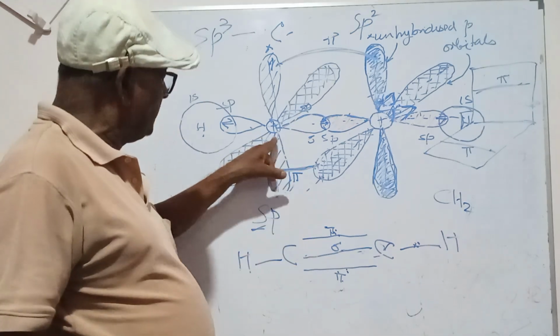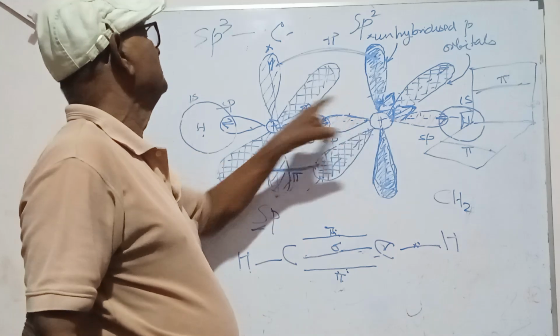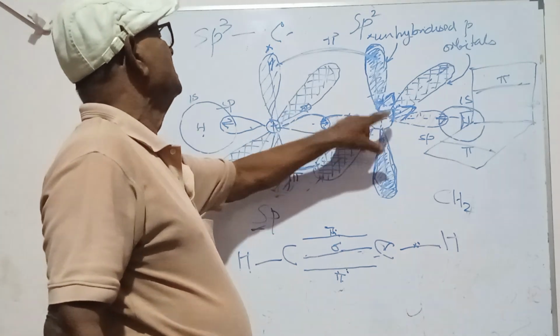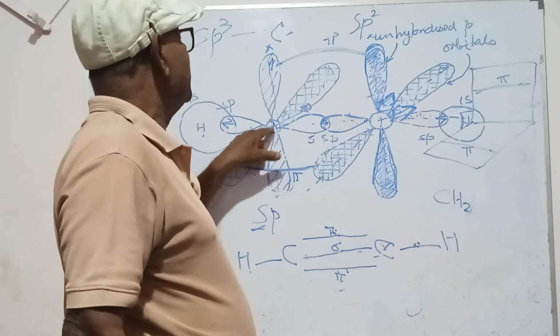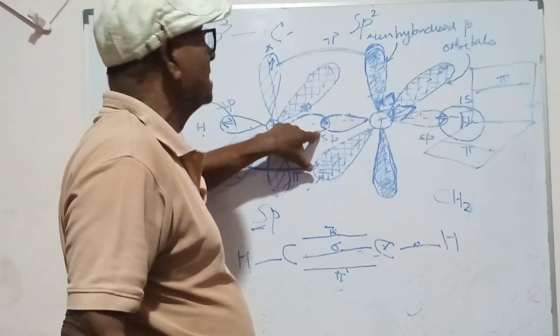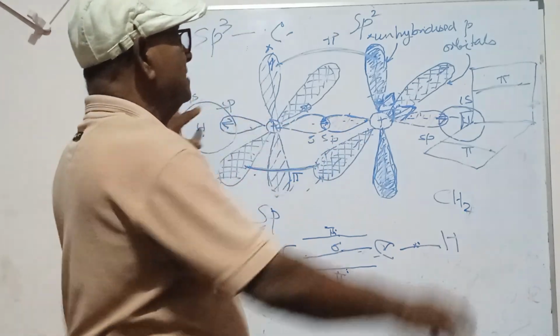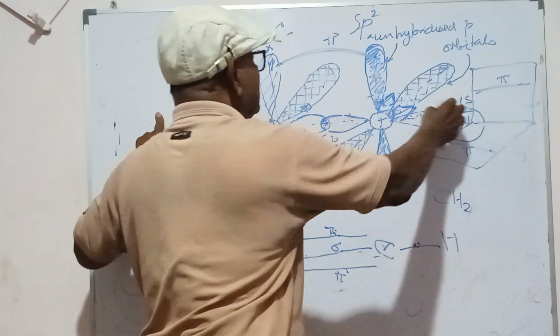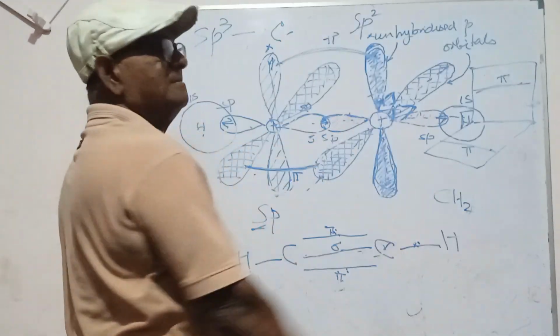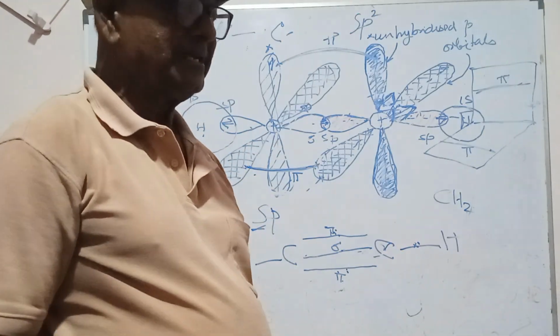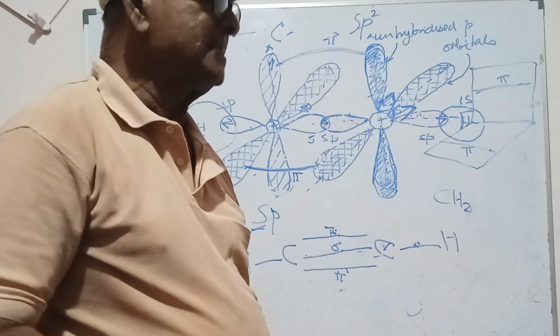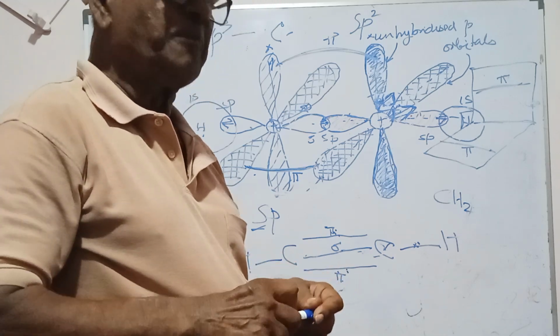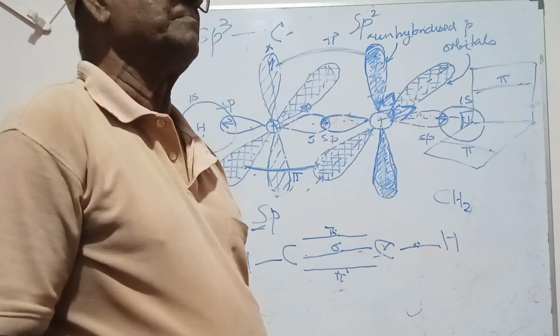Today, in sp hybridization, it is clear that two carbon atoms form a sigma covalent bond with the other two H atoms. There are 2 pi bonds, right?